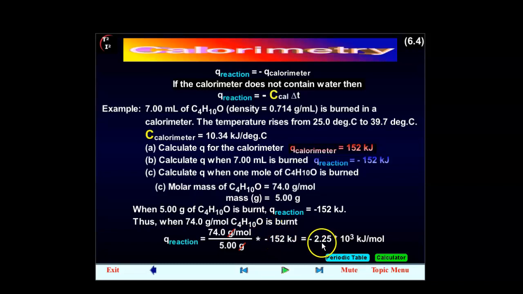Your final answer might be wrong, though, because you didn't get the correct answer in B. But you are going to get some points on this step. All right, remember that.